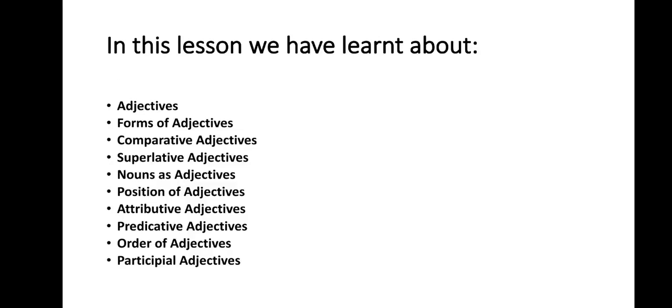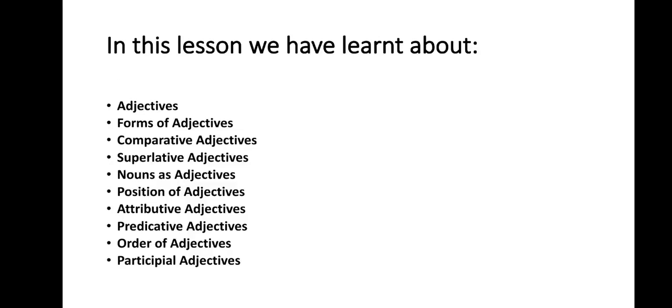Then we learned about nouns performing the role of an adjective. Then we learned about the position of adjectives, attributive or predicative. Attributive comes before the noun, and predicative adjective comes after the noun. It follows the noun.